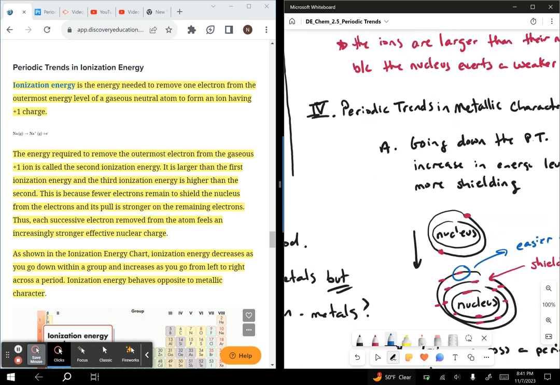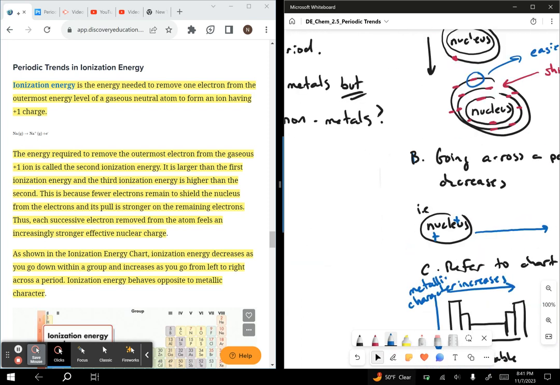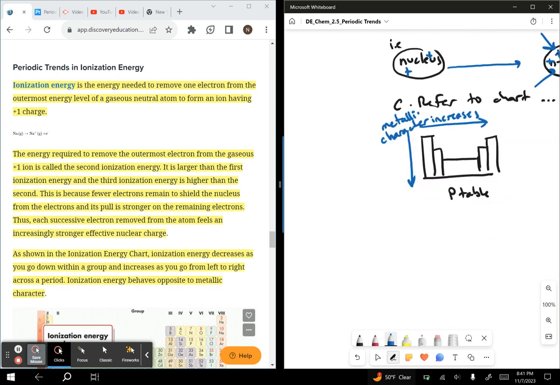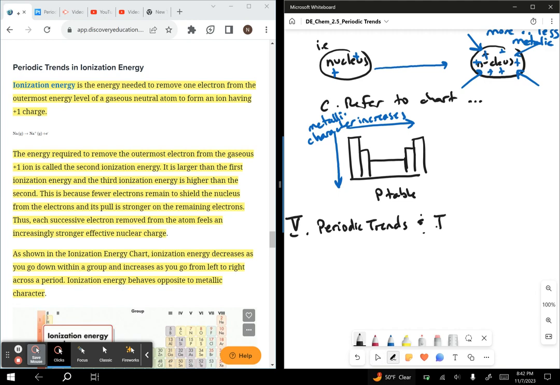This will be number 5, Roman numeral 5, and we're talking about periodic trends and ionization energy.